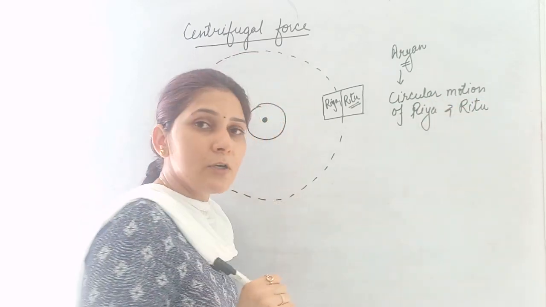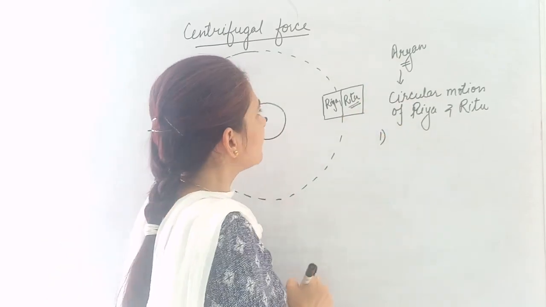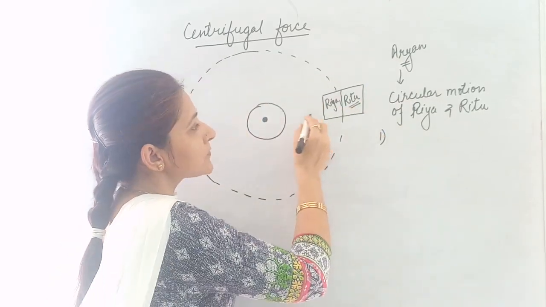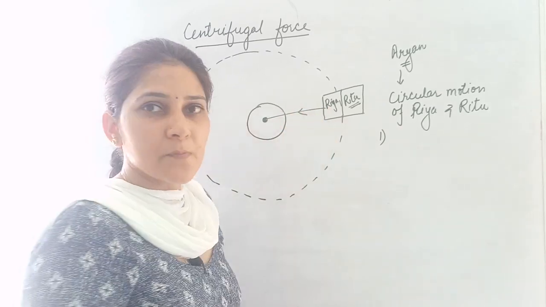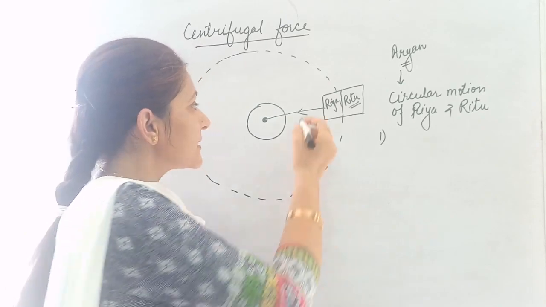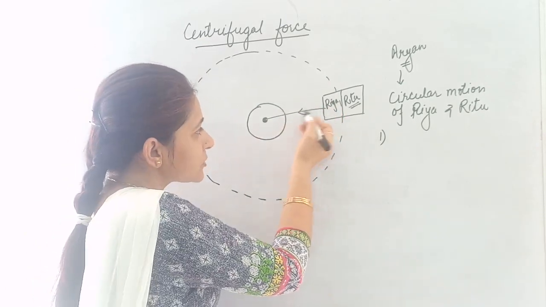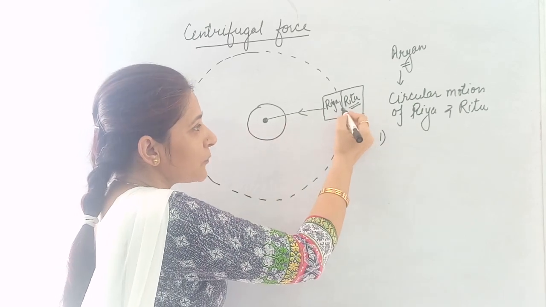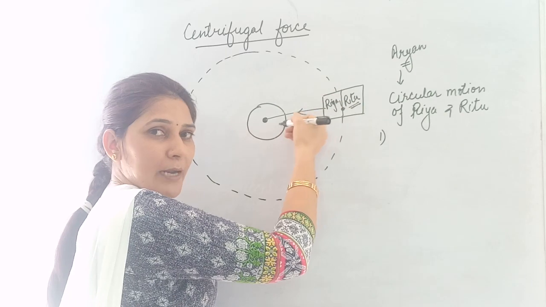And if he is able to observe the circular motion, that means he is able to observe one of the forces. This circular motion is possible because of the tension which is created in the string of this merry-go-round, and always the tension is towards the center. If this is the point about which we are reading the force, the force is always taken away from that particular point.